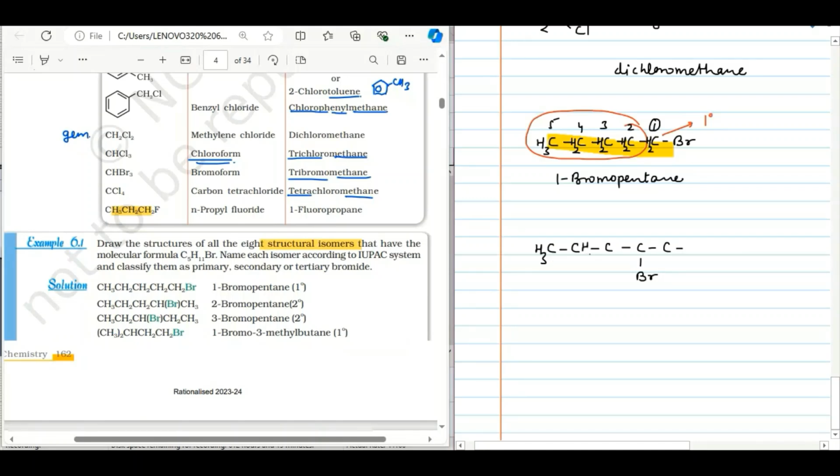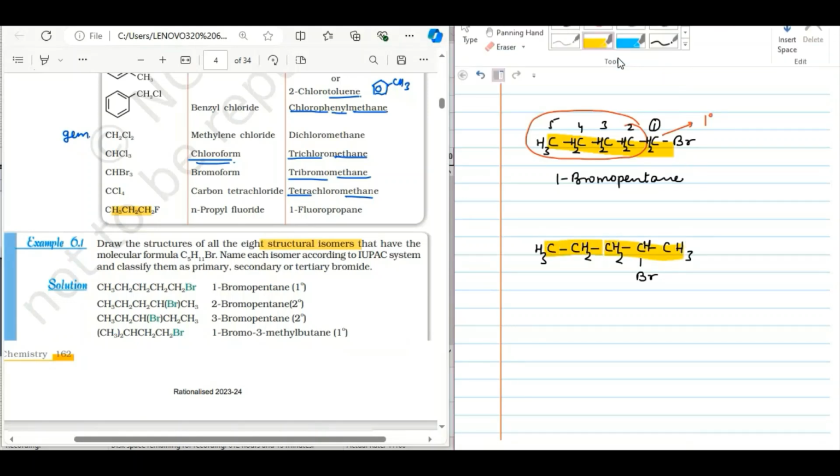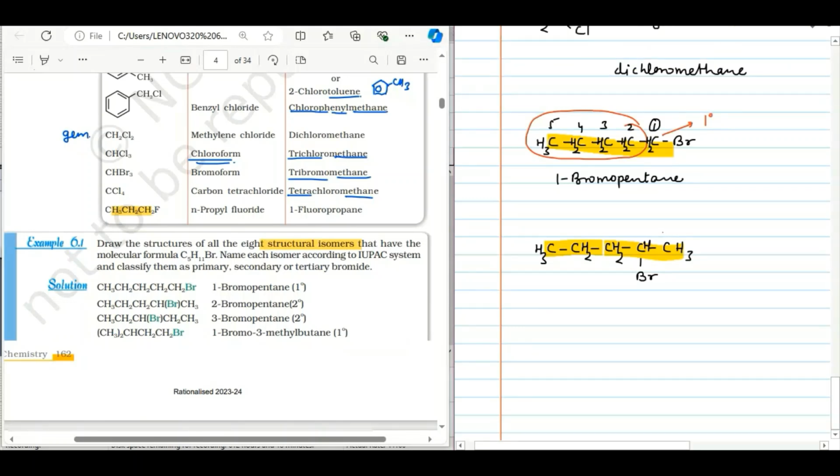So here CH3, this is CH, here CH2 and here CH3. Now select the longest carbon chain. So it is also a 5 carbon long chain. Now number this chain. We can number it from the right direction as we need to give the bromine the least number: 2, 3, 4 and 5. So the name of this molecule will be 2-bromopentane.